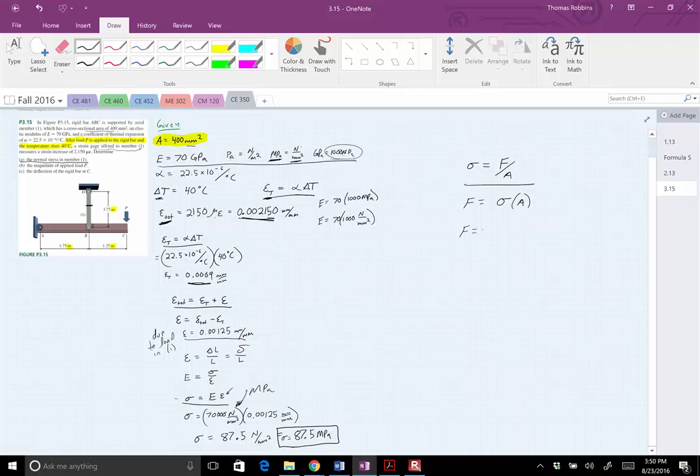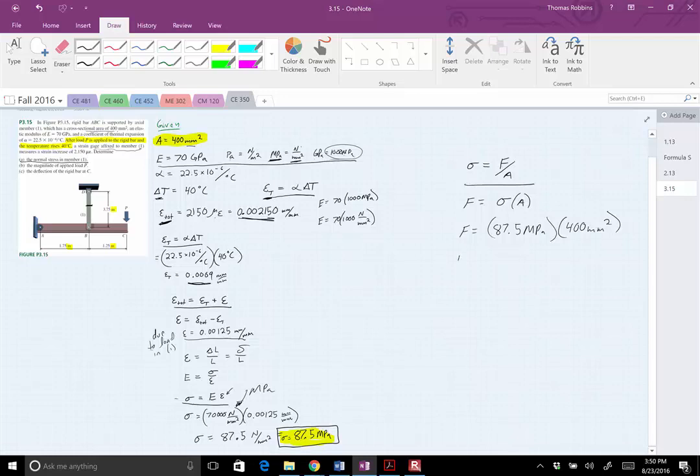So we could say force equals our stress that we already determined in part A, which is 87.5 megapascals multiplied by 400 millimeters squared, right?